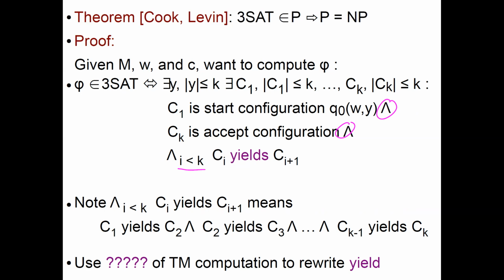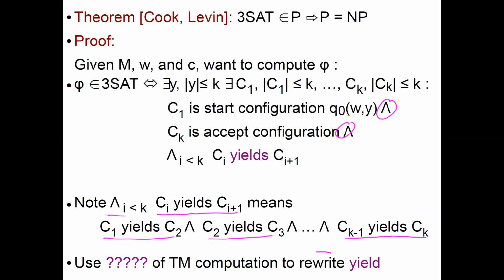The important thing that's missing is the yield notion. So recall that the and over i of Ci yields Ci plus 1 means that C1 yields C2 and C2 yields C3, and then Ck minus 1 yields Ck.